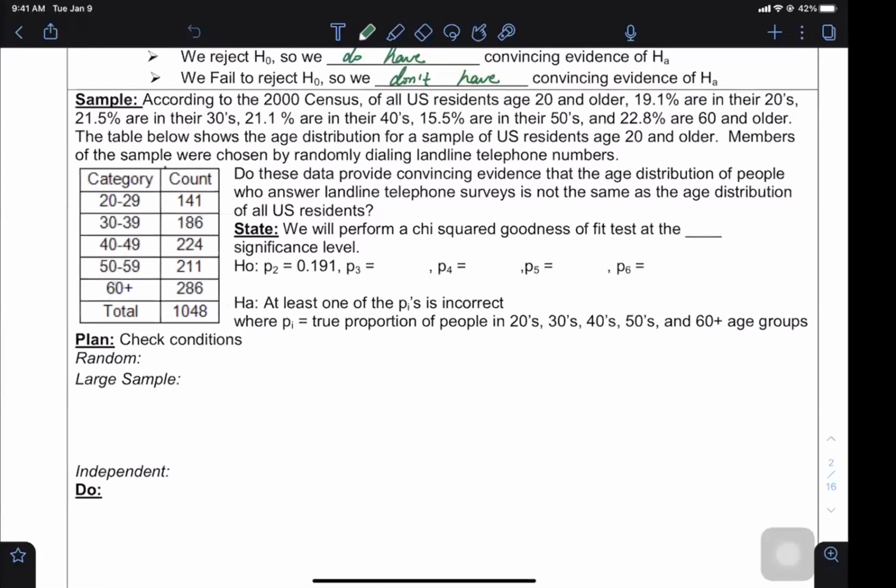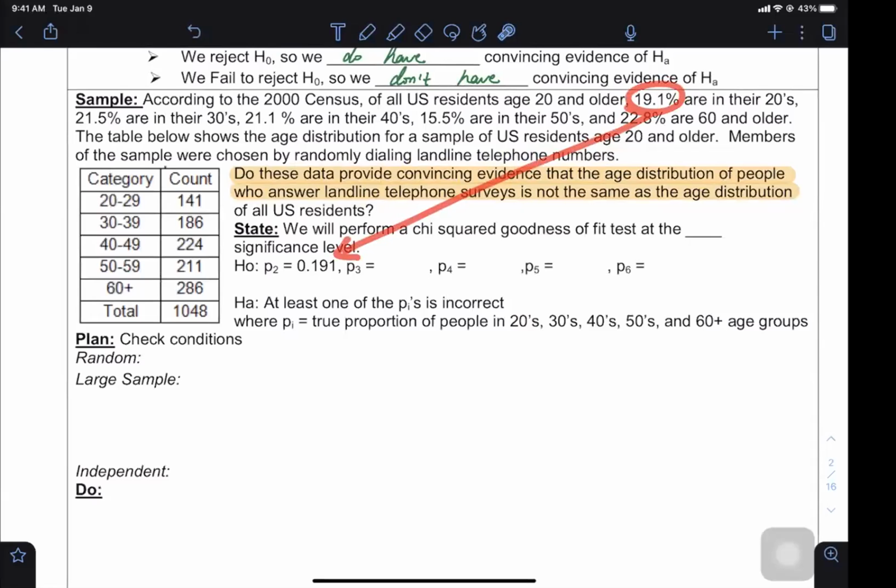So this is our hypothesis question. So now we just want to see our P2, which is the proportion of age 20 to 29, which is 19.1%.